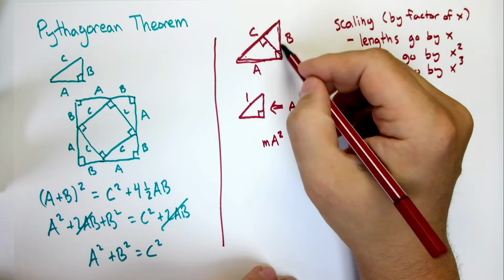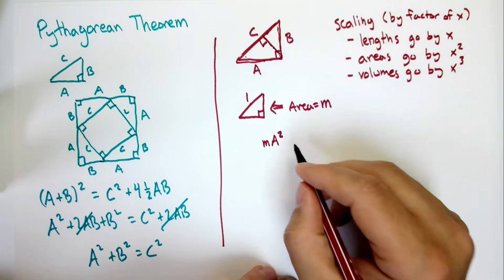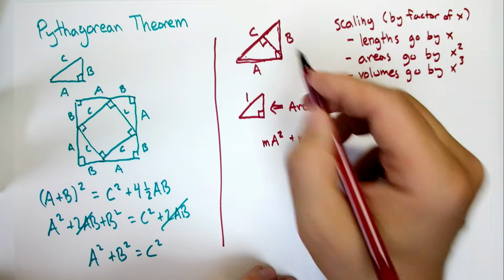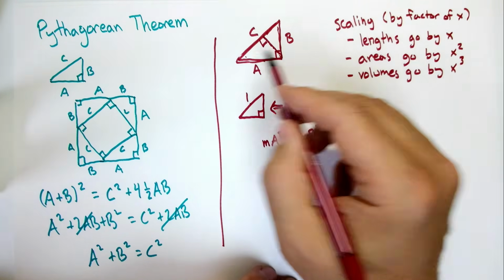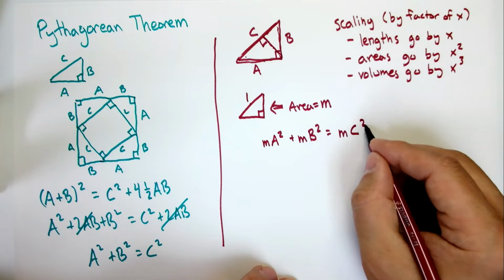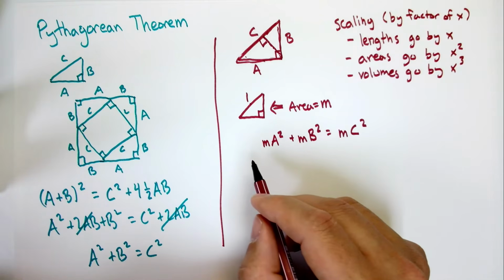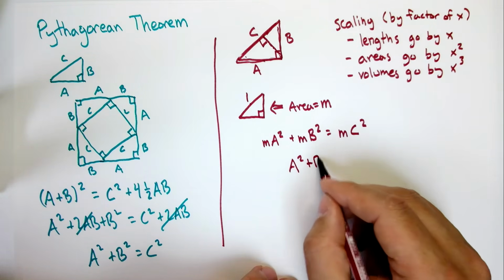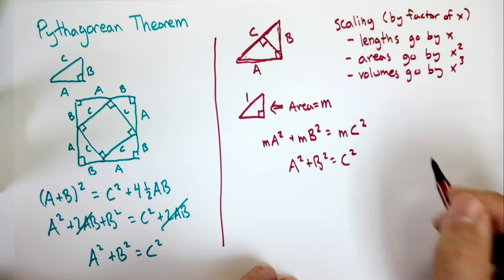This one, the hypotenuse is B. Again, it's similar. So that area is MB squared. And for the whole triangle, I have to scale by a factor of C, which gives us MC squared. And now, let's cancel the M's. A squared plus B squared equals C squared.